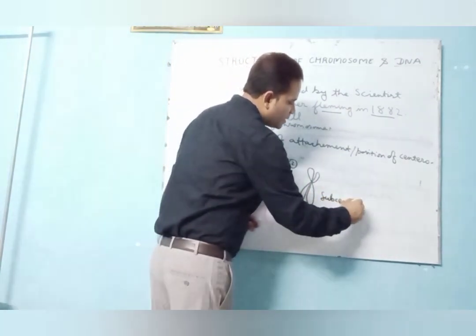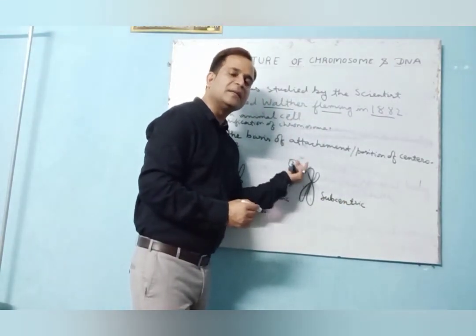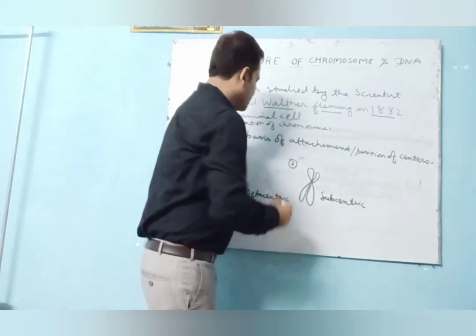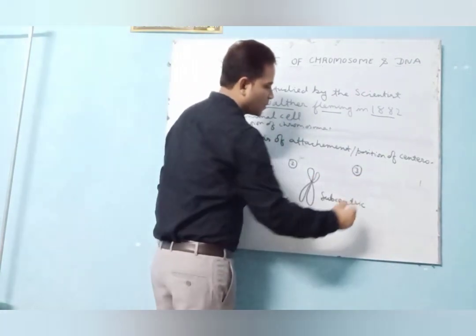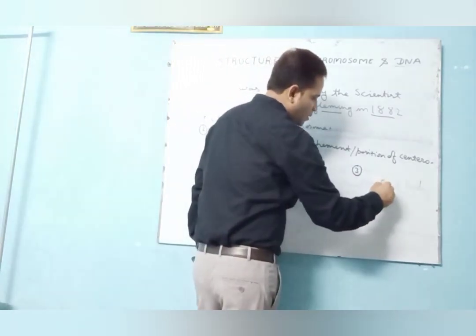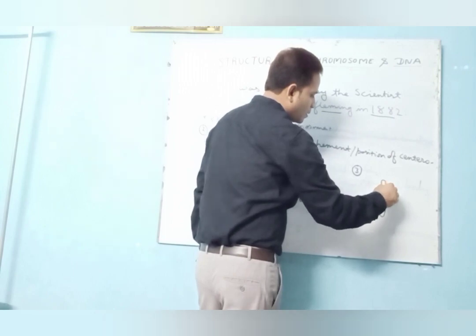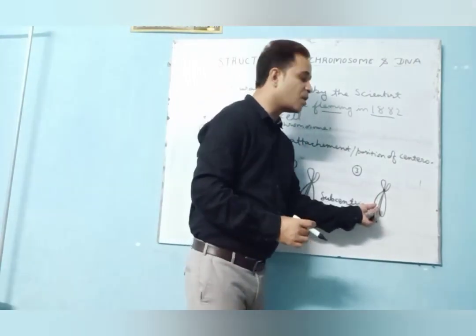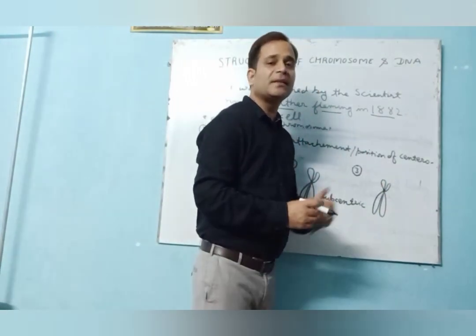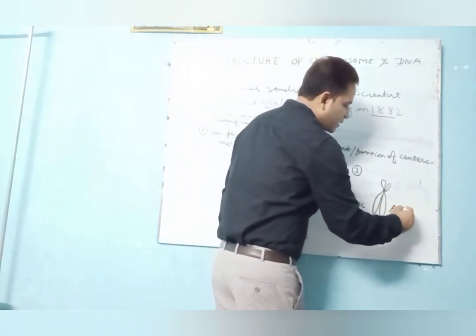This one is called subcentric, when one chromatid is bigger than the other. Now third one, here whenever one of the chromatids is much bigger than the other, then it is said to be acrocentric.